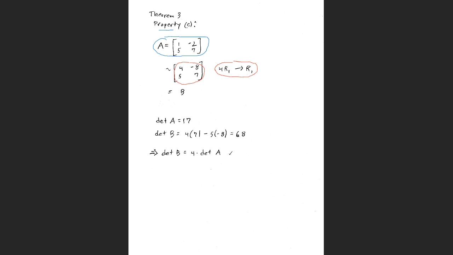The determinant of A, of course, is 17. And the determinant of B is going to be equal to 68. Well, that means that the determinant of B is 4 times the determinant of A. 4 was the K value.